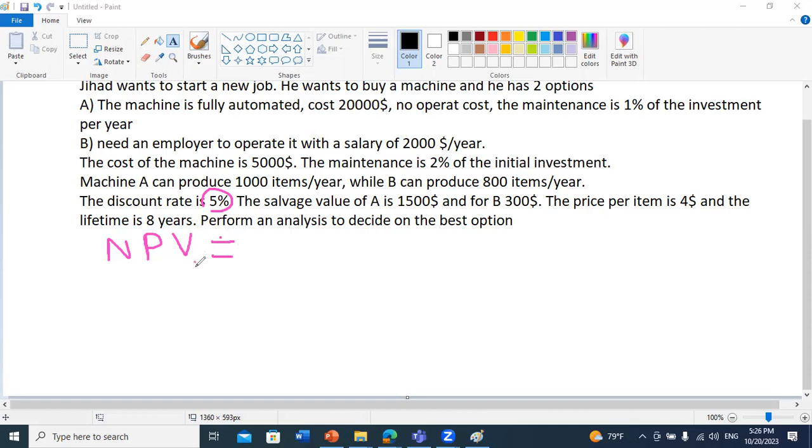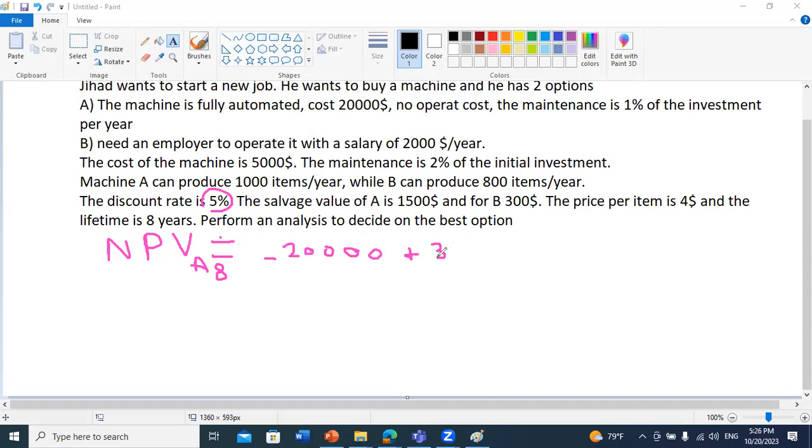So for option A, the net present value at year 8 will be equal to minus 20,000. Now we can directly replace the numbers.